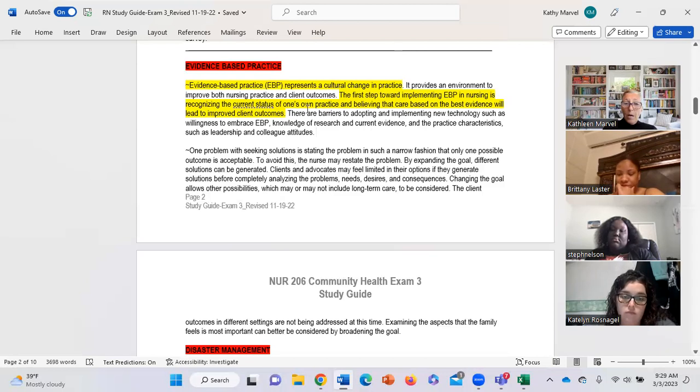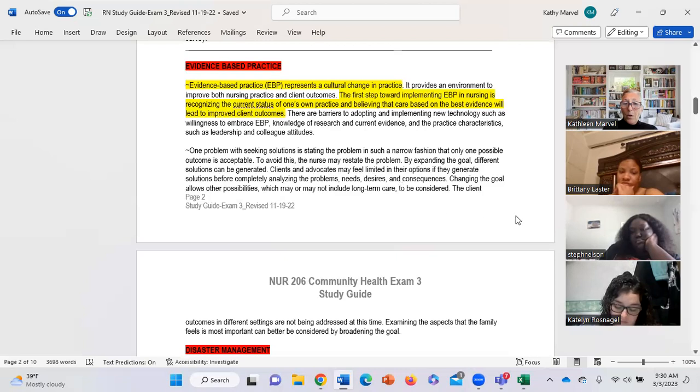So we talked about knowledge of research, current evidence, practice characteristics. There are lots of things to be considered in evidence-based practice. But we as nurses need to be moving towards being open-minded about changing current practices based on new evidence. One of the big problems is that people see there's only one acceptable outcome.